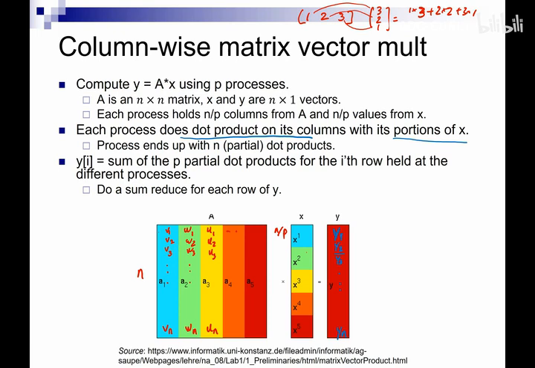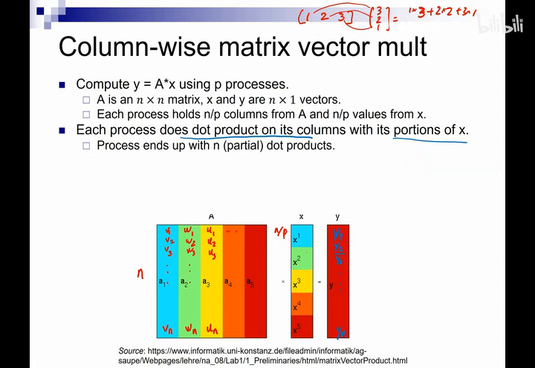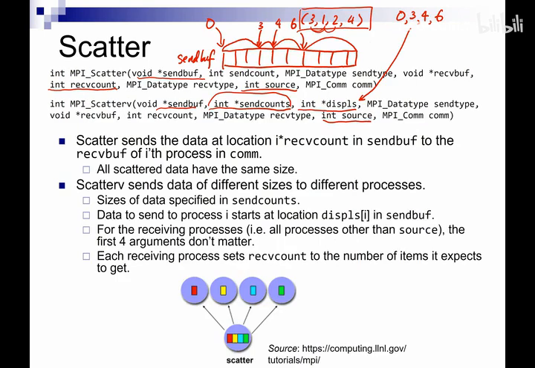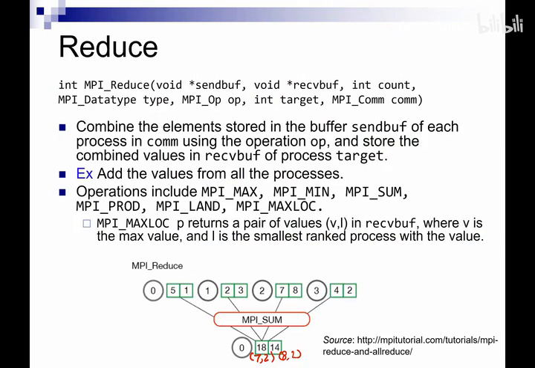Now this addition process, we actually have a very good tool in MPI for doing this, and this is the reduce function. If you think back, I can actually go back a few slides. So we have this function called reduce, right? And this reduce function is perfectly made to do this, because the reduce is going to take values from all of the different processes and just add them up.